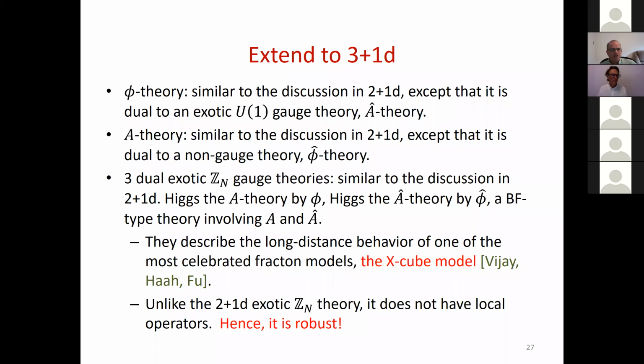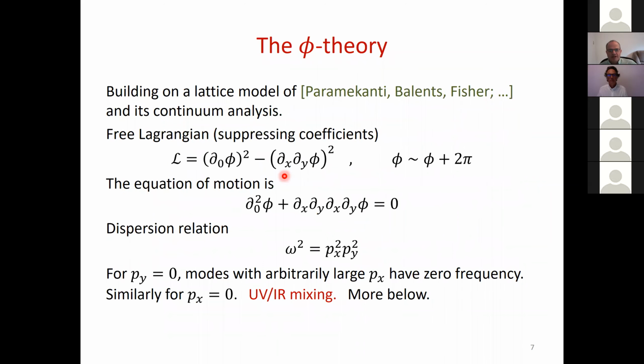Okay, so we can just do it in real time, and you will see that it will be quite simple. So we take this system. If we reduce on the y direction, then yes, this term is gone. And then you have just a theory in x, which is (∂0φ)², which is essentially the modes that depend on x that I discussed earlier.